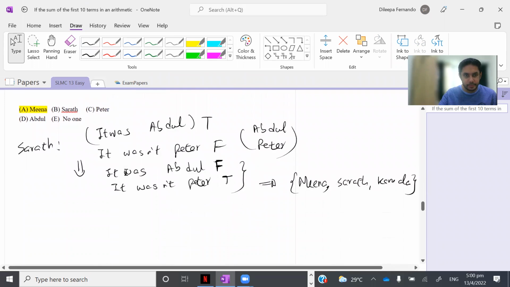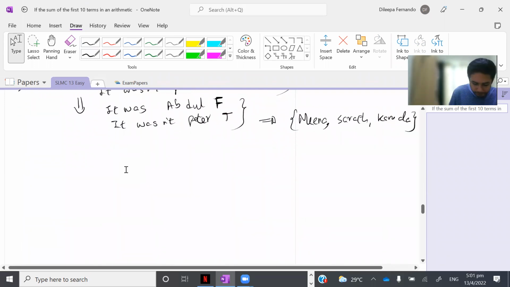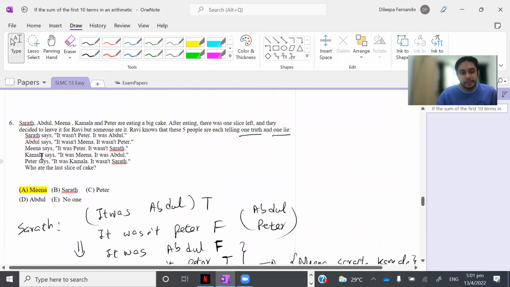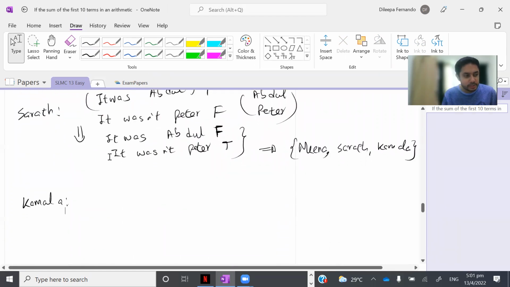But if you start from what Kamala says, Kamala says it was Meena, it was Abdul. So you know exactly one of these two, Meena or Abdul, is in the set. One of these should have it.